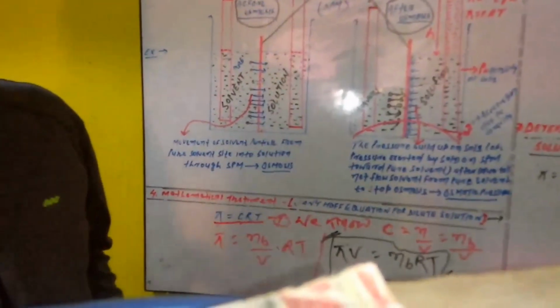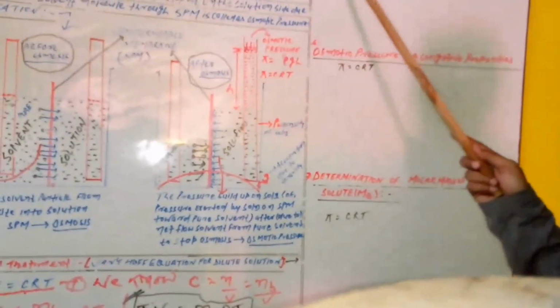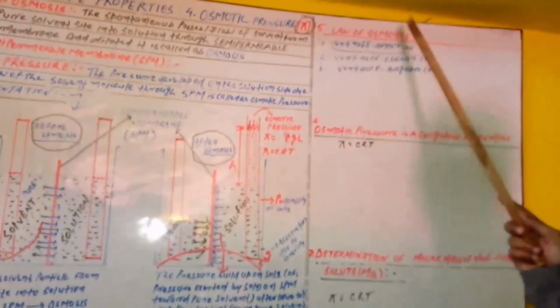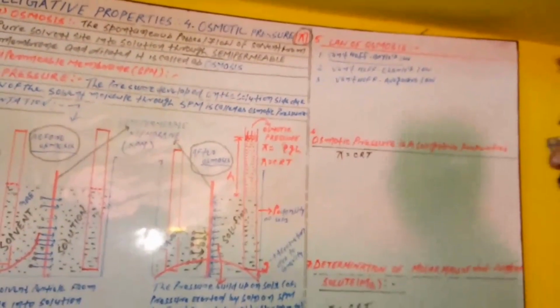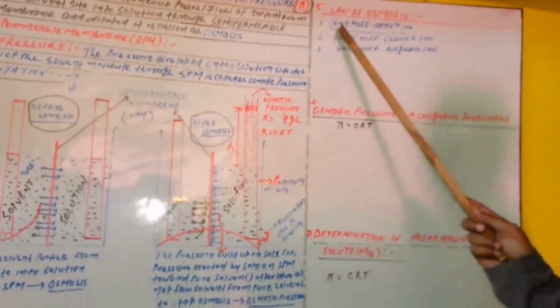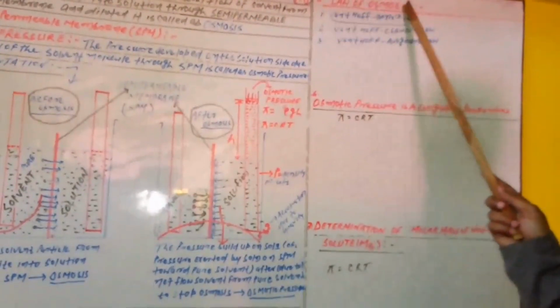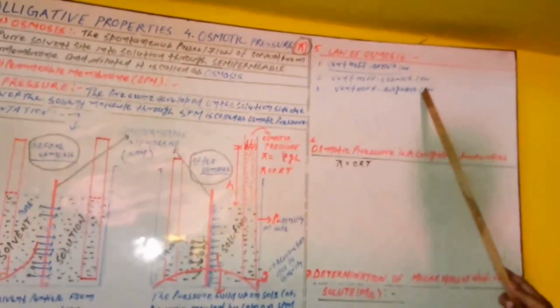But before we close, see one thing quickly, and then we discuss it in the next class. Actually, this equation is derived with the help of three laws of osmosis. That means this Van't Hoff equation for dilute solution, also called the mathematical treatment of osmotic pressure, is derived with the help of three laws: Van't Hoff-Boyle's law, Van't Hoff-Charles law, and Van't Hoff-Avogadro law.